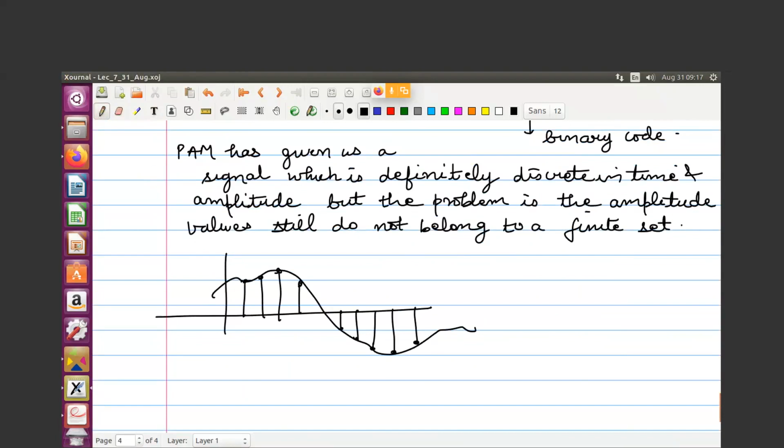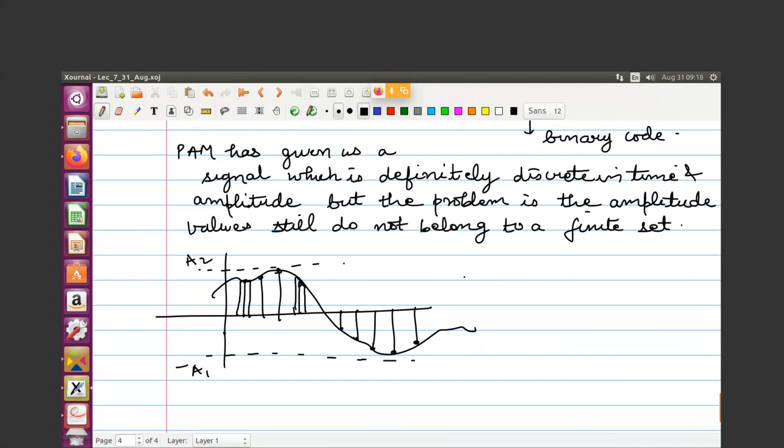Let us say either you get this sort of a thing or you get this sort of shape. They were not doing anything with these values. So let us say this waveform can take values from, let's say, minus a to plus a, or you can take minus a1 to a2.